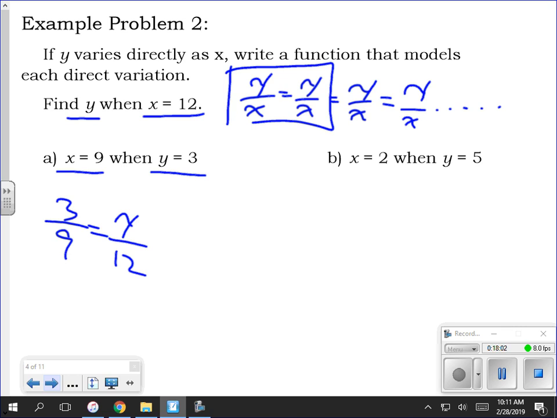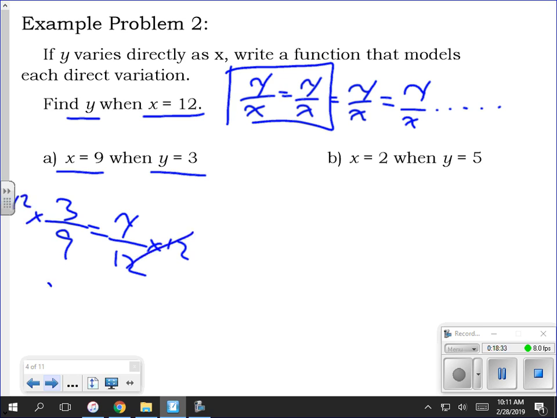There are lots of ways to solve these equations. There are tons of ways to solve these equations we're going to be working with today. This one here, I would just multiply both sides by 12, strictly because I have the variable divided, Y divided by 12, multiply both sides by 12, because it's one step. It's easy.